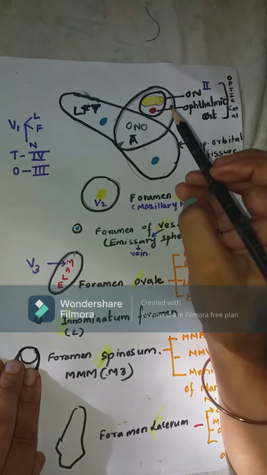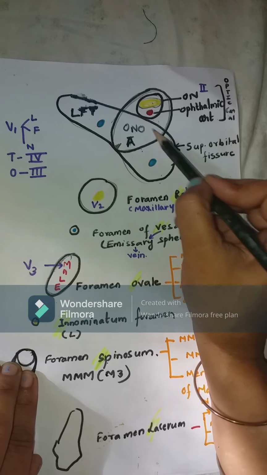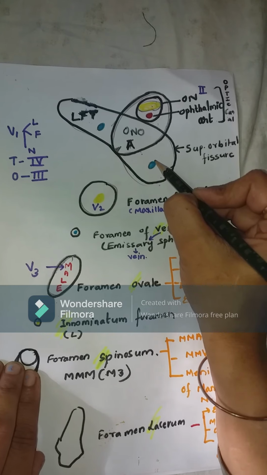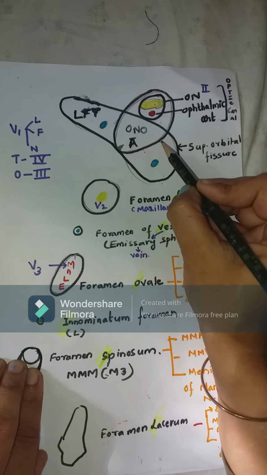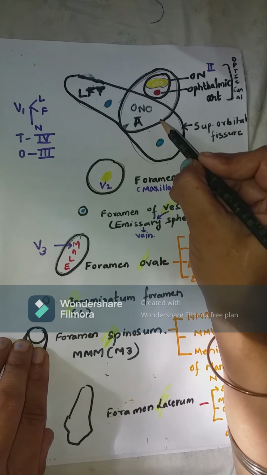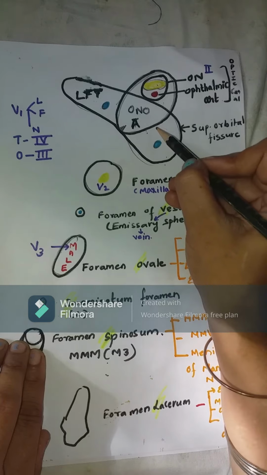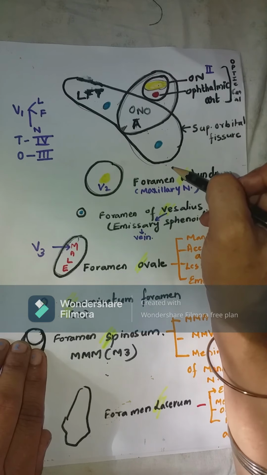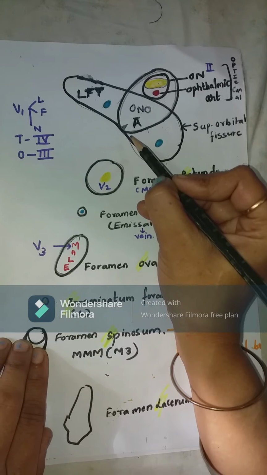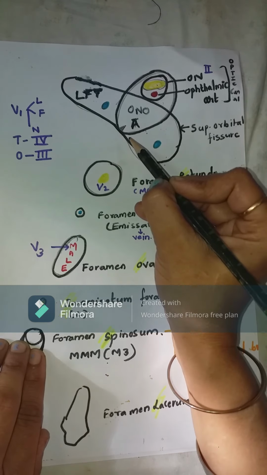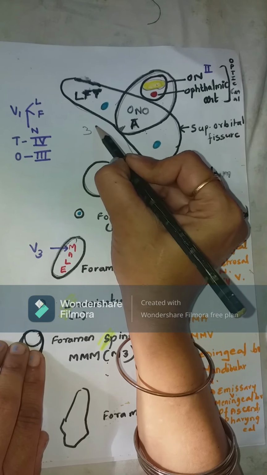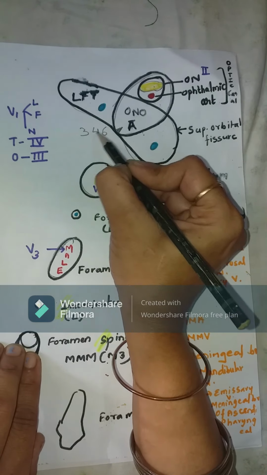Now what passes through the superior orbital fissure? All the things directed to the eyeball and the lacrimal apparatus will pass through it. What are the cranial nerves which supply the muscles of the eyeball? There are three cranial nerves, remember, 3, 4 and 6.